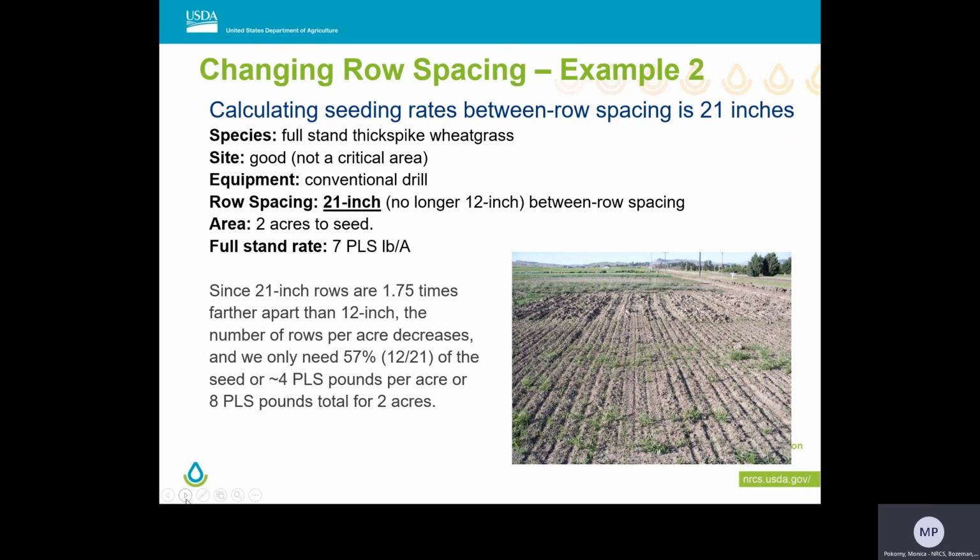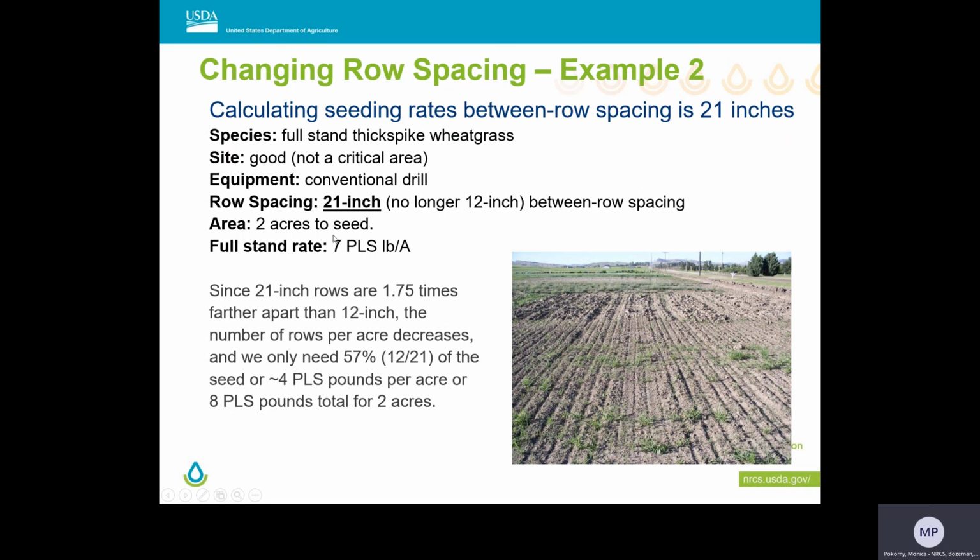So to compensate for this, as the row spacing increases above 12 inches, we decrease the total number of PLS seeds planted per acre. And in this way, we can keep the number of seeds planted per square foot consistent. So the calculations for this would be done in two different ways. You could take the 7 PLS pounds per acre and multiply it by 57%, and you would get approximately 4 pounds per acre.